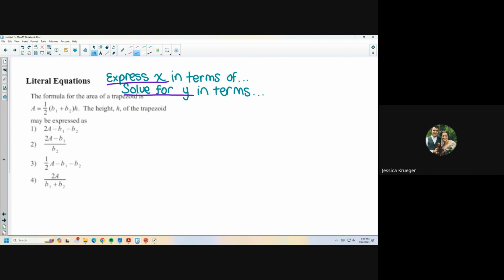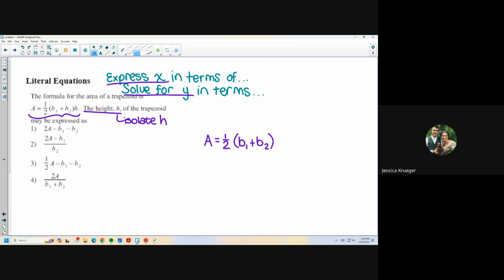So in this first example, and we're going to do 2 examples together, it says the formula for the area of a trapezoid is here. The height h of the trapezoid may be expressed as. So this means they want us to isolate h. The first thing I'm going to do is write down the equation. So A equals 1/2 b sub 1 plus b sub 2, times h.